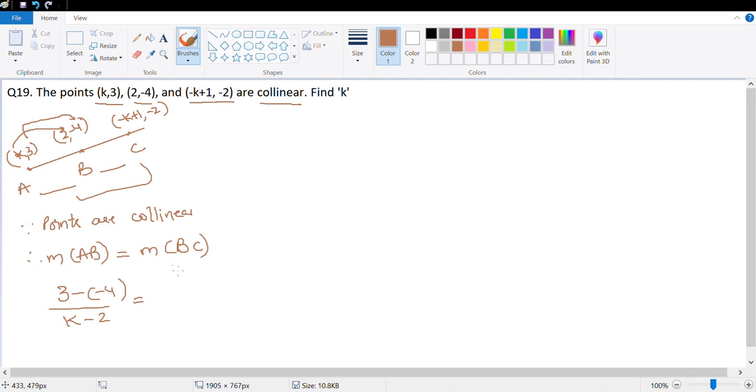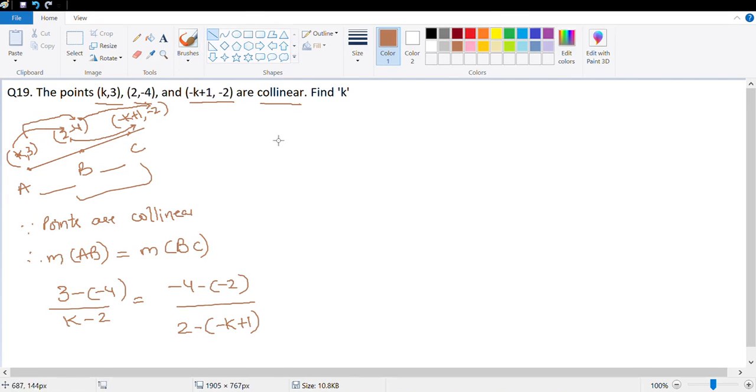Perfect. Let's look at BC. In this case, that would be -4 minus -2 upon 2 minus (-k+1).